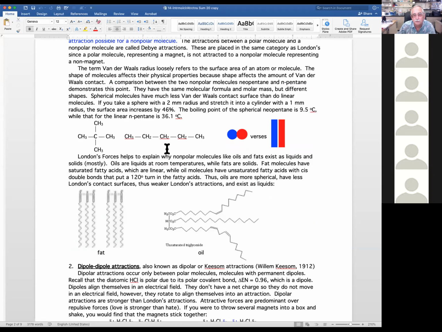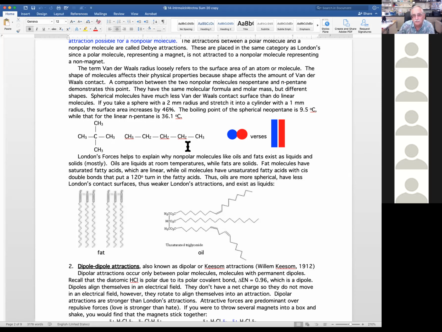So here are two organic molecules, completely non-polar. This one is spherical, this one is linear. The boiling point for the neopentane, this one, is 9.5, and this one is 36. That's a huge difference in boiling point when they have the same molar mass and everything else.